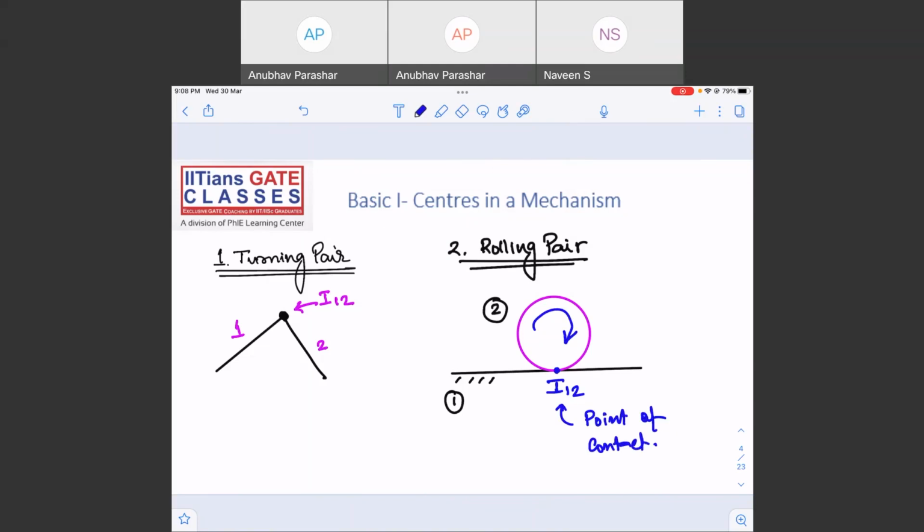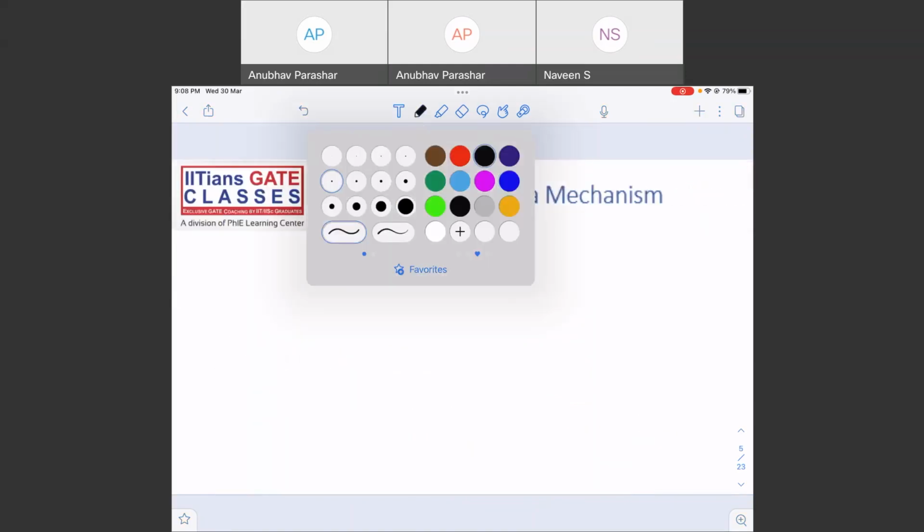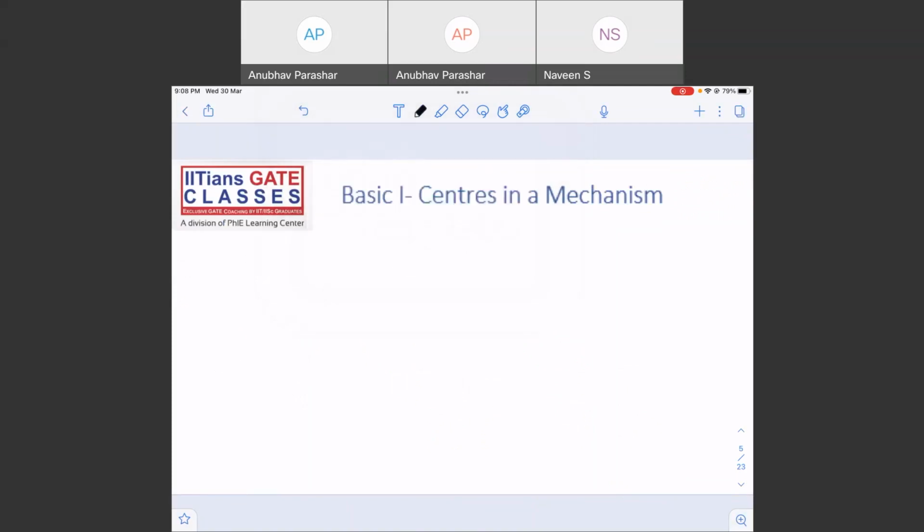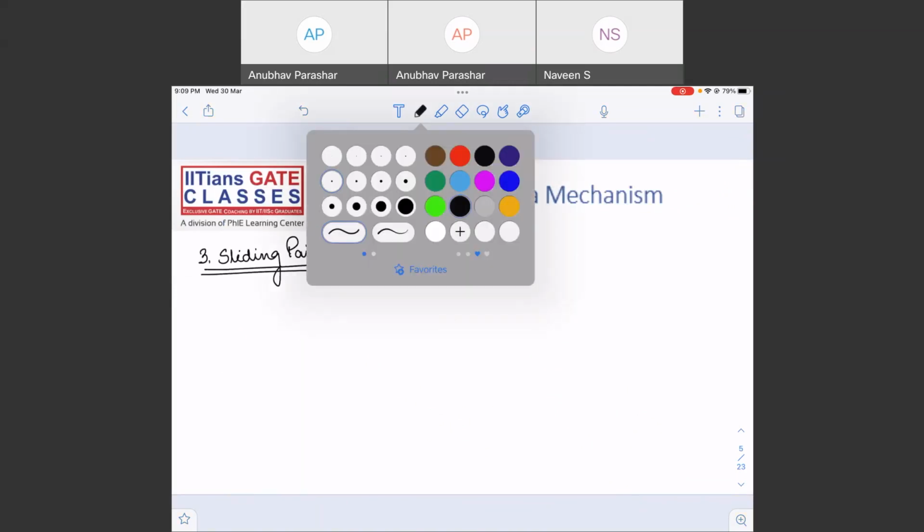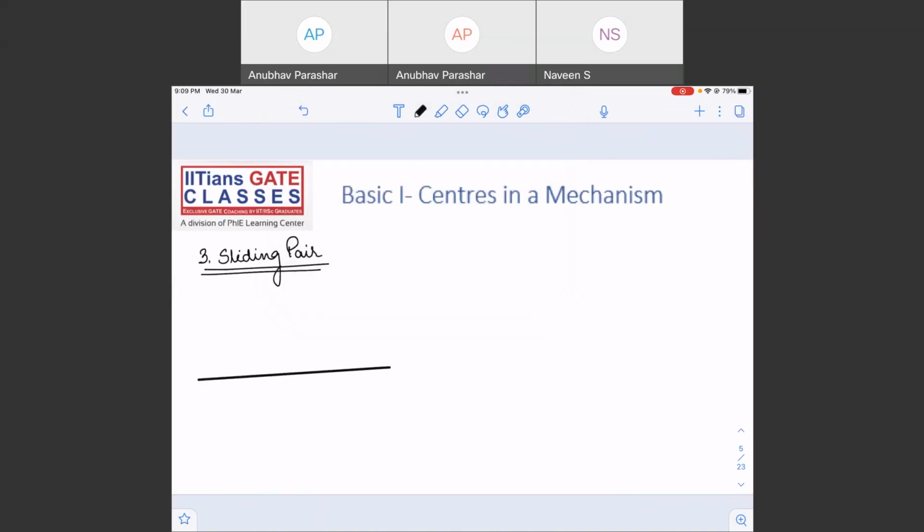What about a sliding pair? Let us see the I centers of a sliding pair. How to predict? First, let us draw the ground on which the member is sliding. Let me say this is 1.